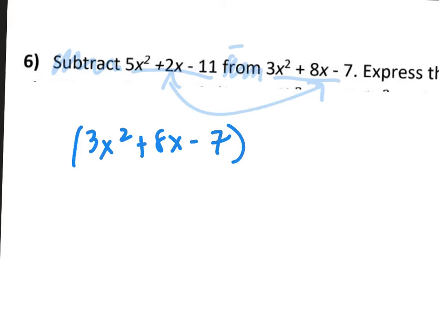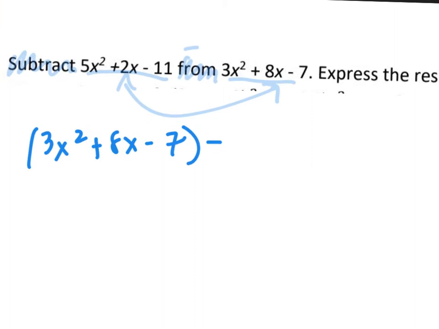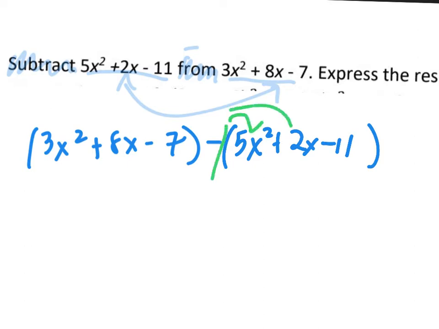And then I have this keyword subtract from, so I'm going to put a subtraction sign there, right? And then because I'm subtracting, I want to make sure that I'm writing my parentheses, right? Whenever I'm doing an operation, I want to write my expression in parentheses. I'm going to put that first expression I see there in this parentheses, 5x squared plus 2x minus 11. Now, because I'm subtracting, it's like I'm actually multiplying by -1 and distributing it out.